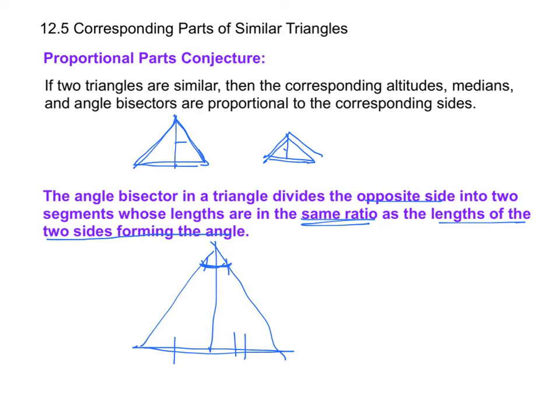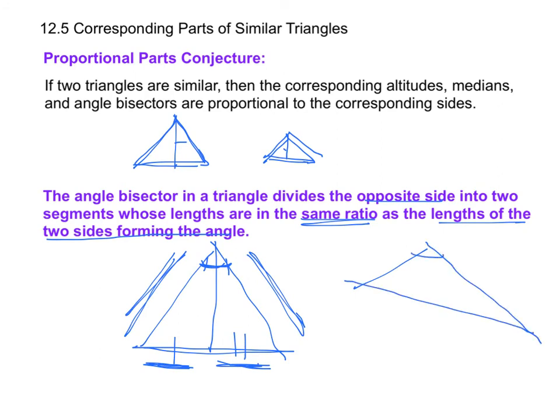So the ratio of this to this equals the ratio of this to this. And you can see this if I draw my triangle differently. When we have our angle, you can see that this side is longer, and this is longer.